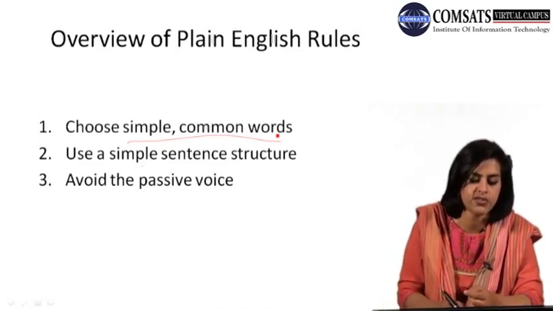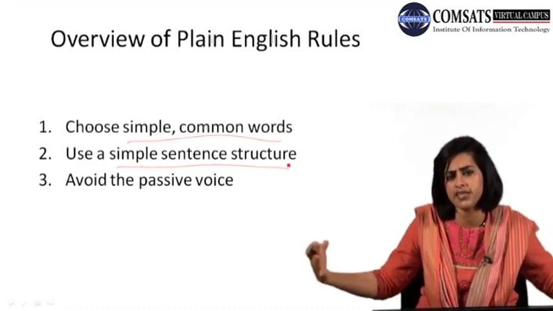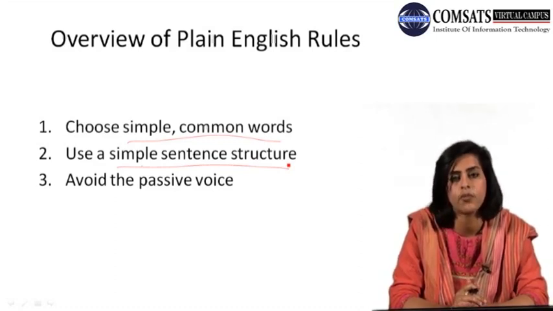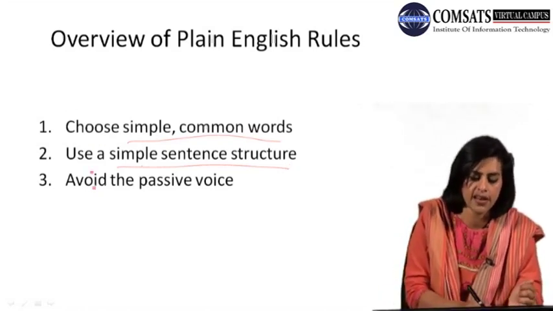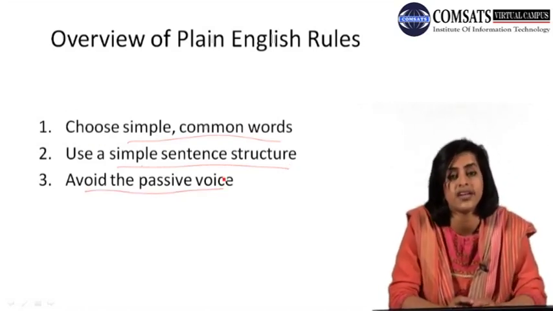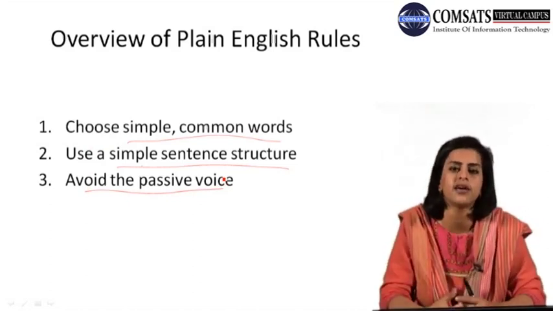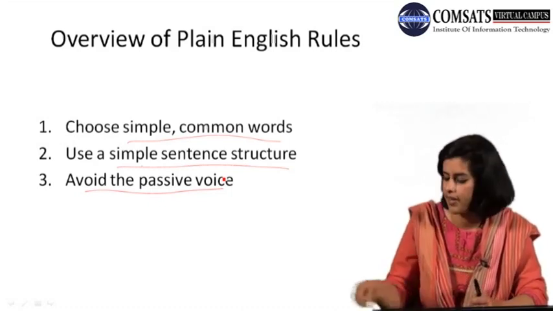Then use a simple sentence structure. Using complicated sentence structures, longer sentences, or sometimes passive voice will not be a very good idea when conversing with lay audiences. The third thing introduced was to avoid the passive voice. By doing these three things, we make sure that you learn how to write in plain English.